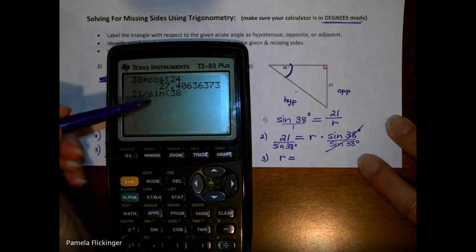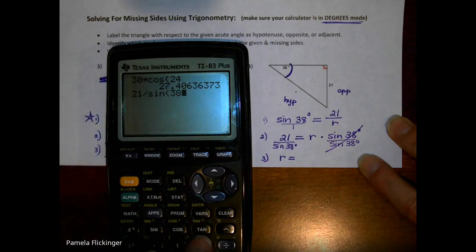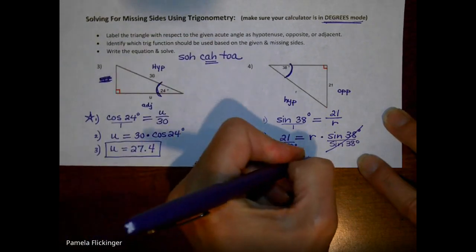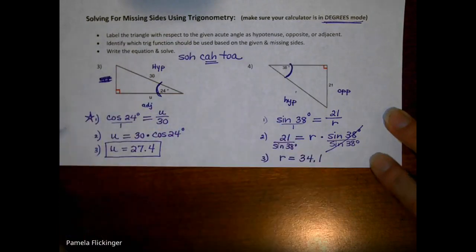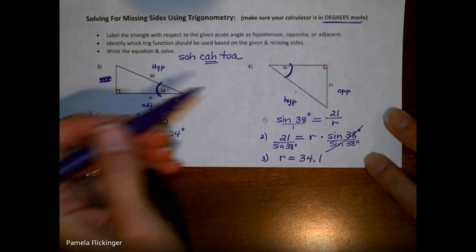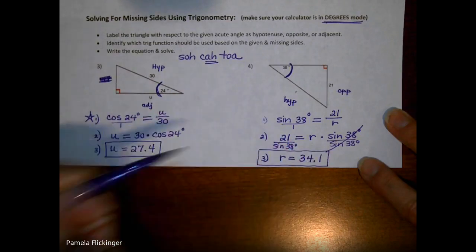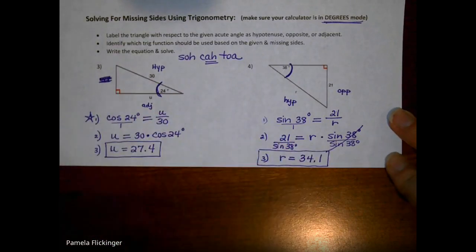Now notice, since I don't need to necessarily close that parenthesis because it's at the end of what I'm typing in, I can just hit enter, and we're going to get 34.1. Again, that makes sense because R is the hypotenuse, and that number is larger than the one leg we know of, 21. So we hope we did everything correctly.